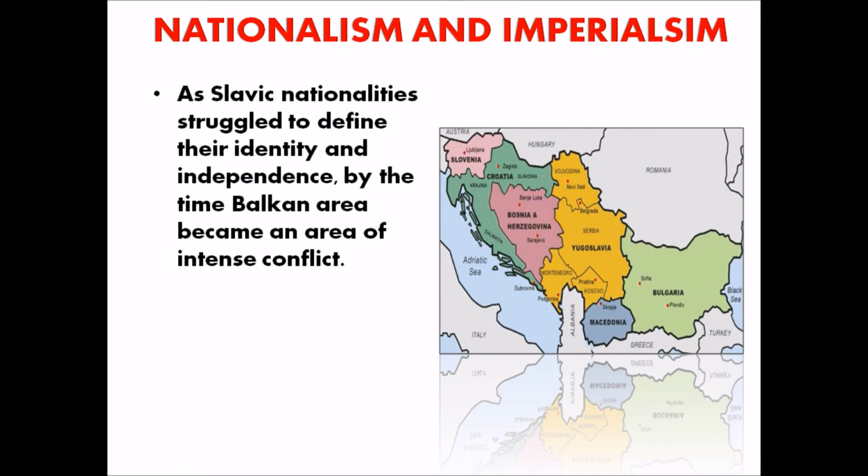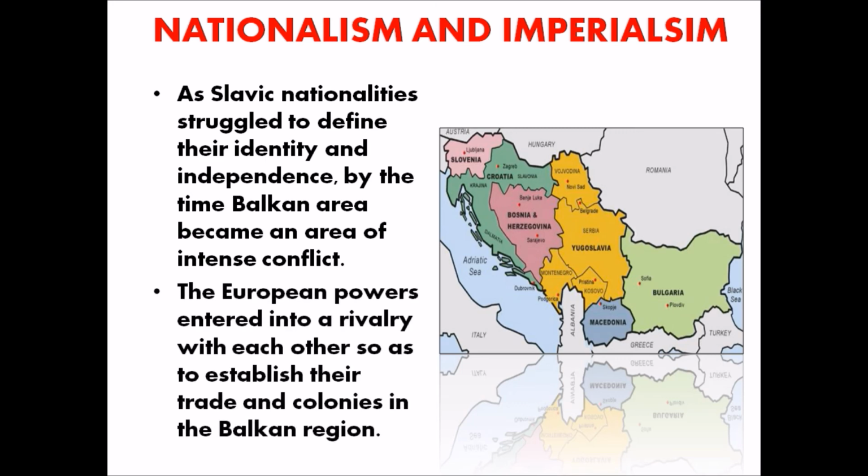As Slavic nationalities struggled to define their identity and independence, the Balkan area became an area of intense conflict. The European powers entered into a rivalry with each other to establish their trade and colonies in the Balkan region.